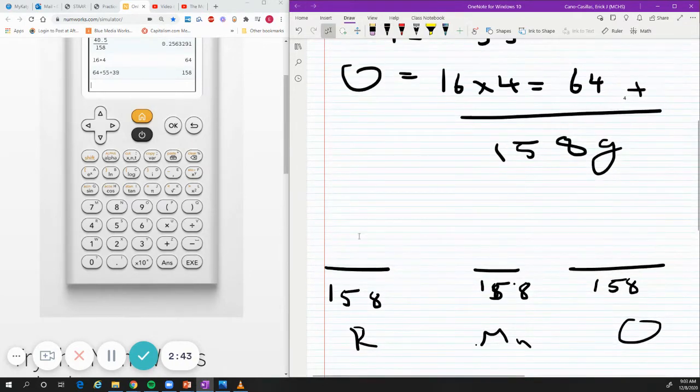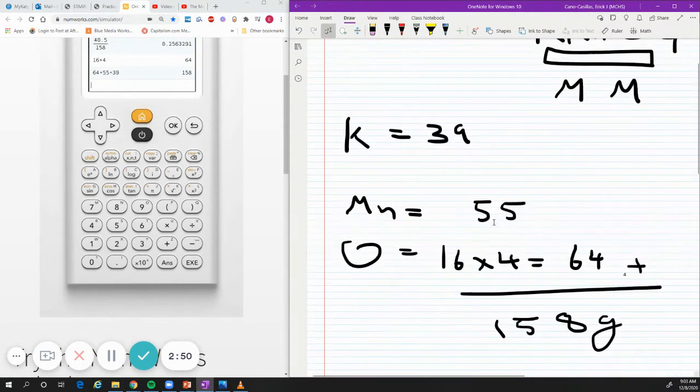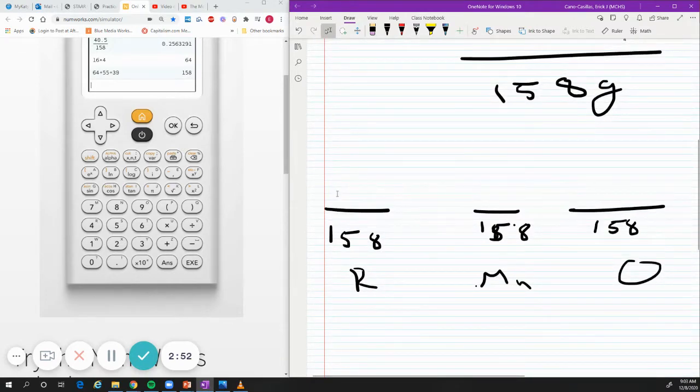So let's see what percentage. If you have 70 out of 100, that's 70%. So we're going to do 39 out of 158 and find out what the percent of that is. We said Mn was 55, and oxygen is 16, but there's 4 of them, so that's 64. Let's see what we get.